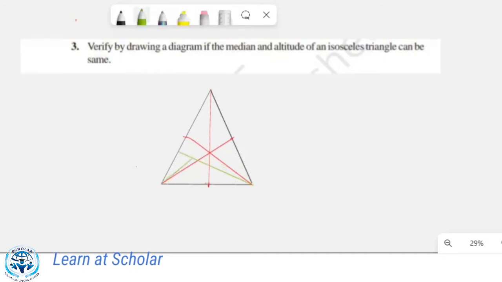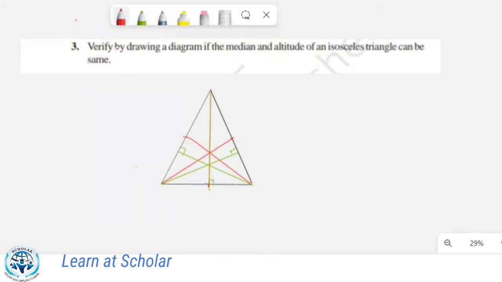First altitude, the second one, and this is the third one. The third altitude and the median are the same. So it is verified that the median and altitude of an isosceles triangle can be the same.